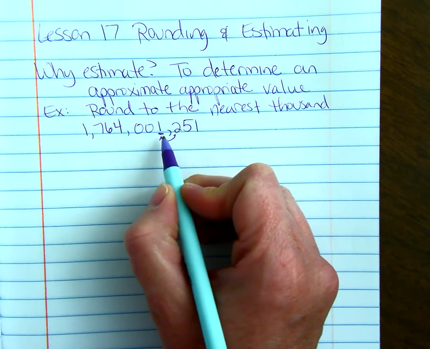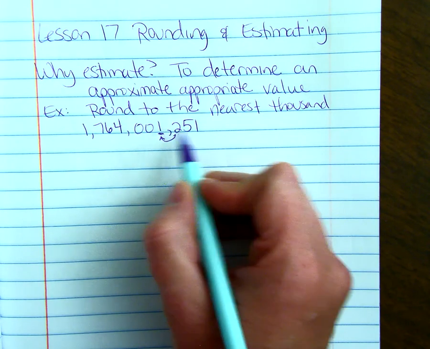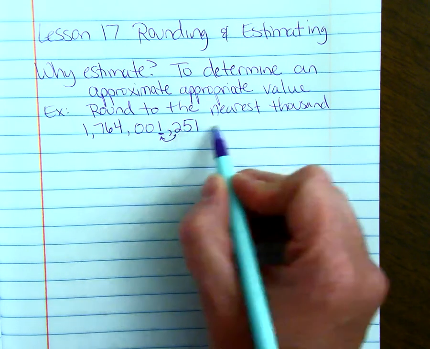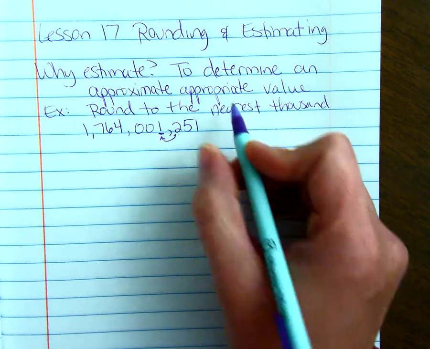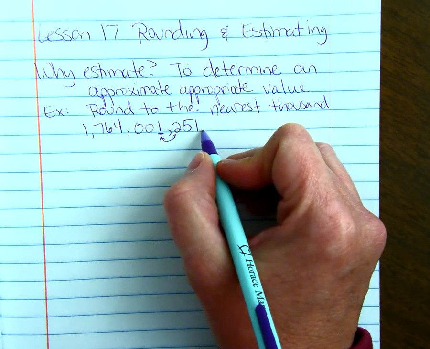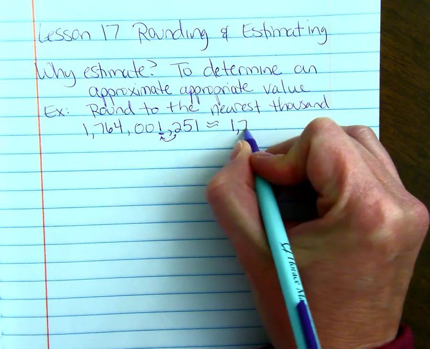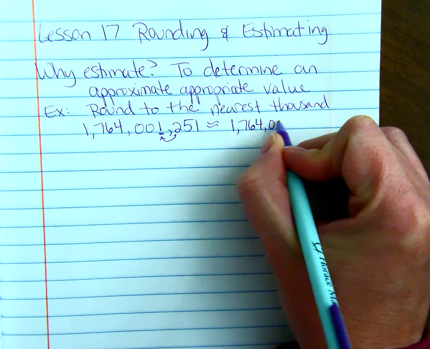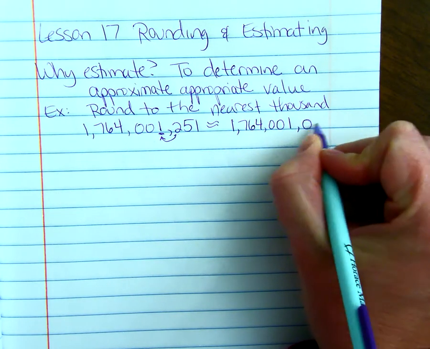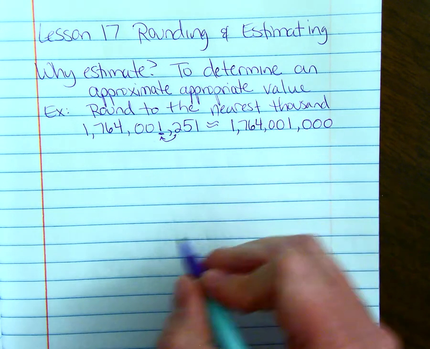If it is 5 or more, we're going to raise it one value to a 2, and we put zeros in the other places. So since it's less than 5, we're going to leave this a 1, and then we put zeros in the last 3 place values. So we leave the 1, replace the last 3 with 0. Now we're rounded to the nearest 1,000.